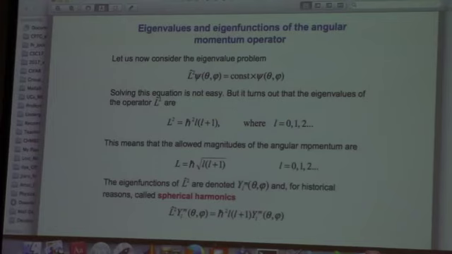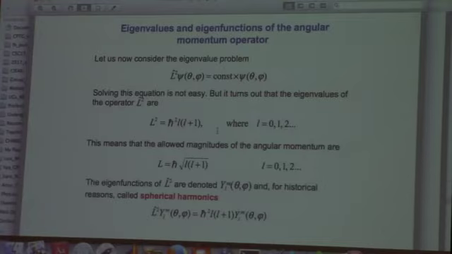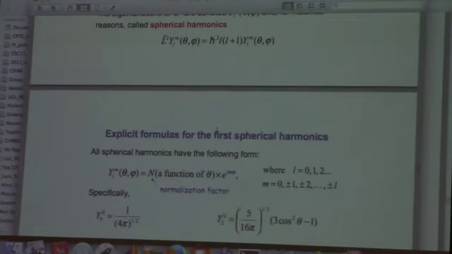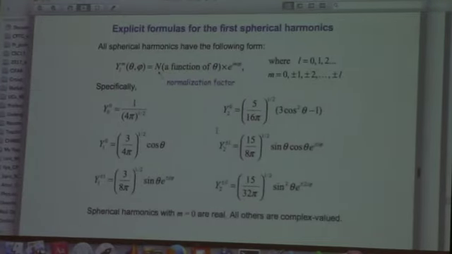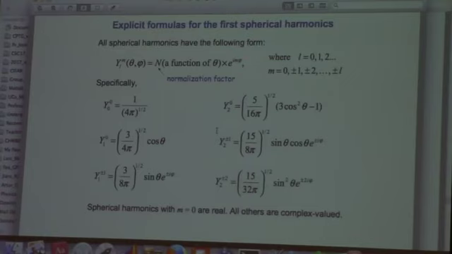As we saw, this L squared problem depends both on M and L, so the functions also have two indices, M and L. M defines which function of angular momentum projection you are taking, and that is also the particle on a ring problem, eigenfunctions.